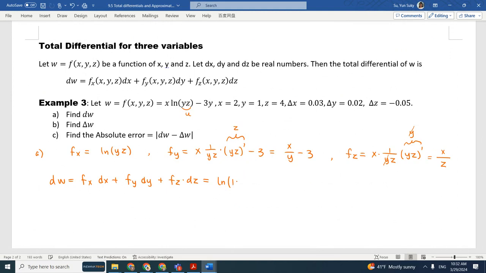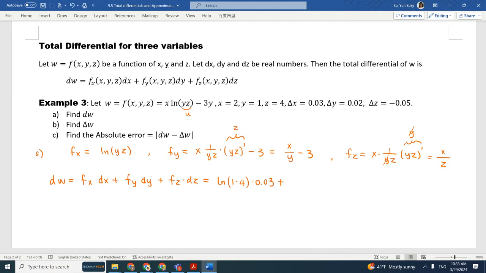And what is z? 4. Yes. This is fx. We're plugging in y and z. And then what is dx? Yes.